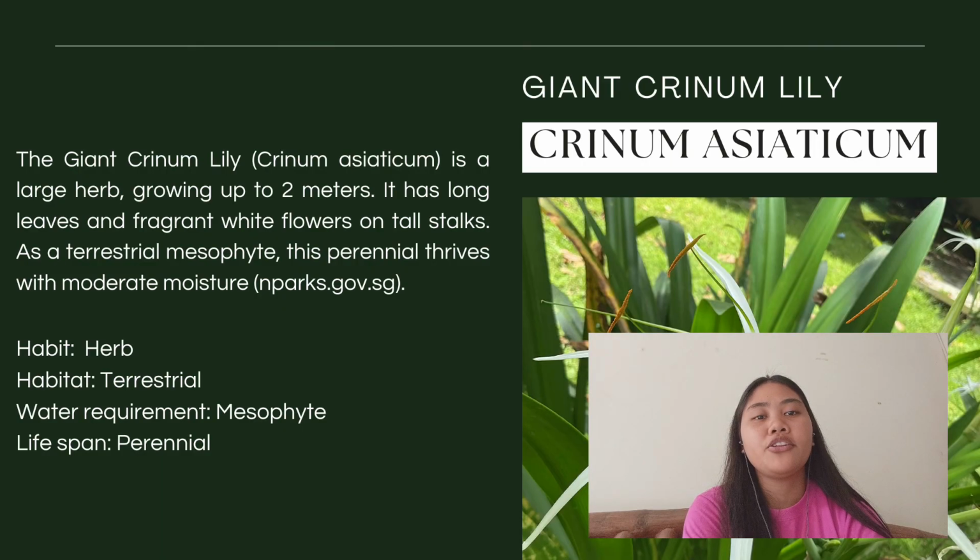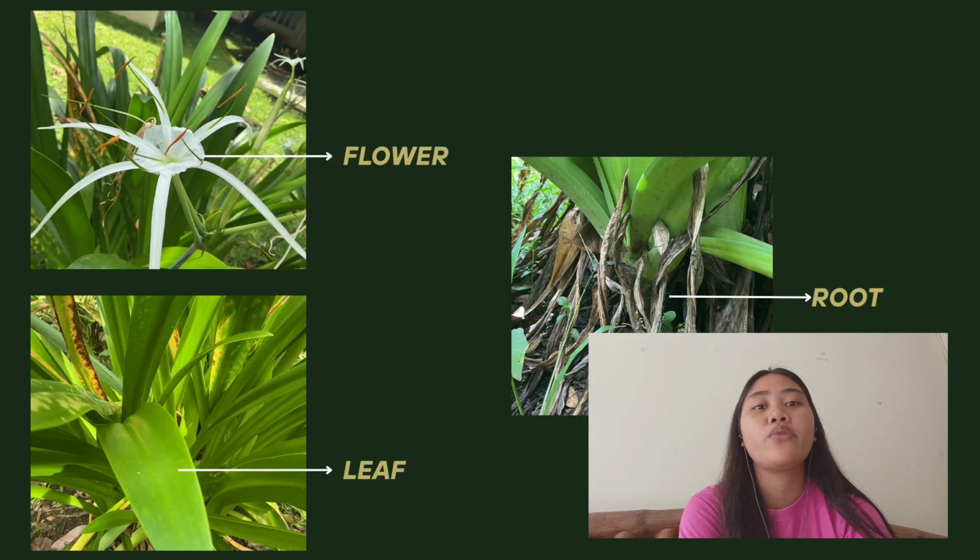The giant crinum lily, or Crinum asiaticum, is a large eye-catching herb that can reach heights of up to 2 meters. Its long, smooth leaves create a broad cluster of foliage near the ground. Rising above these leaves are tall stalks that hold striking white flowers. The blossoms are notable not only for their appearance but also for their sweet fragrance.